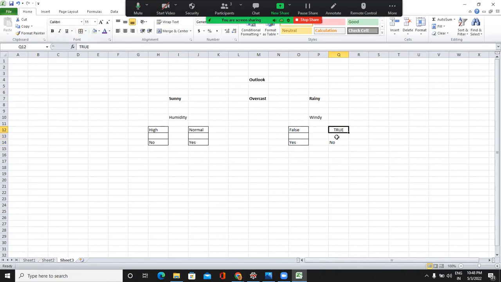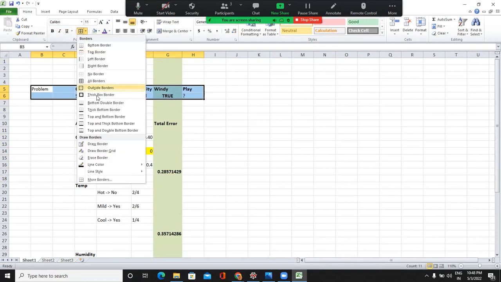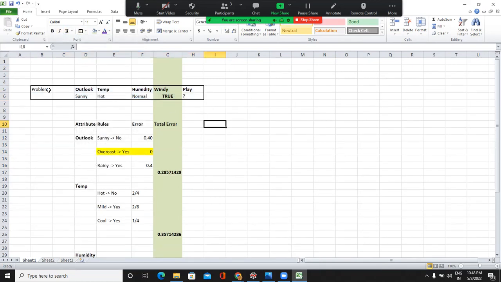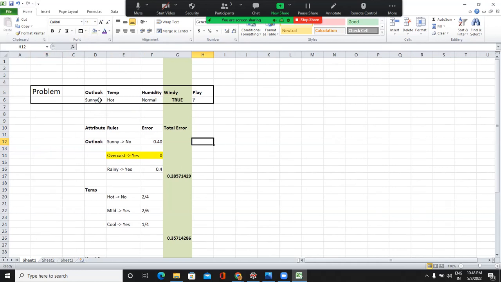Now let us see if we can have a solution of the problem we started with. So where is the problem? This is the problem: outlook sunny, temperature hot, humidity normal, windy true.